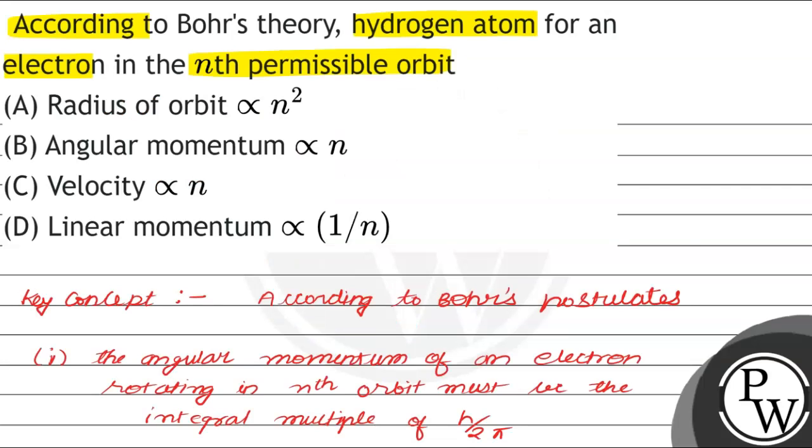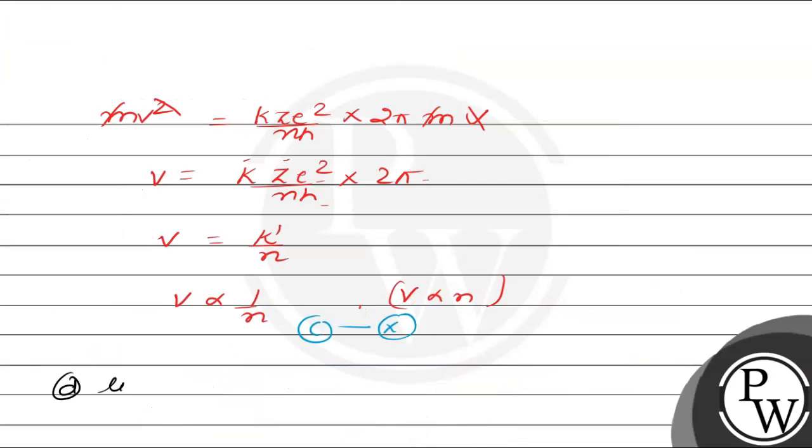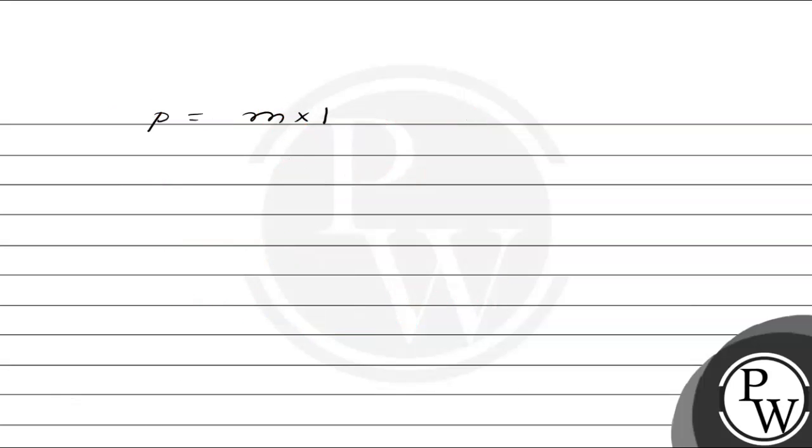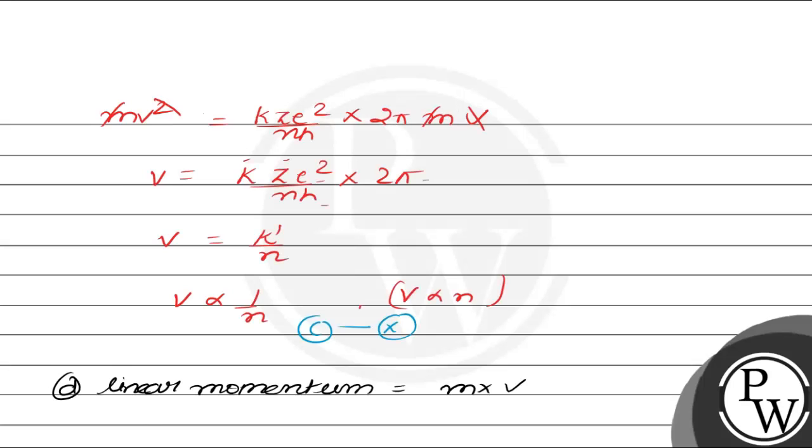Now we have to check option D, that is linear momentum. The linear momentum is defined as mass into velocity. So we can write p equals mass into velocity, and the velocity we have derived here is kZe square into 2 pi upon n into h.